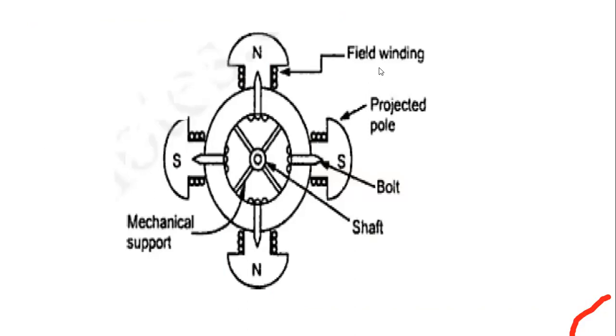This is the rotor of an alternator and this is the stator of an alternator. When the three-phase supply is given to the three-phase stator winding, a rotating magnetic field is produced. Due to that rotating magnetic field, an EMF is induced in the rotor.